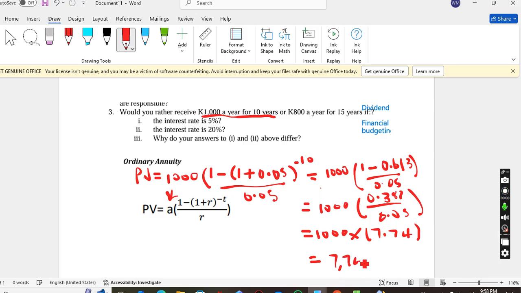So these 1,000s that you'll be receiving for 10 years, in today's value, it's 7,740. Any questions?